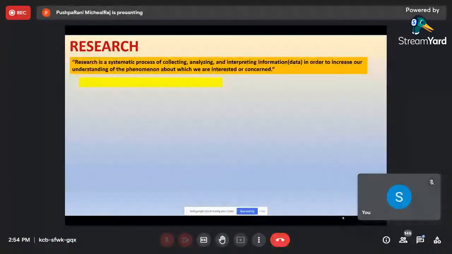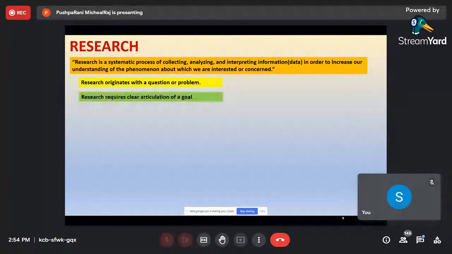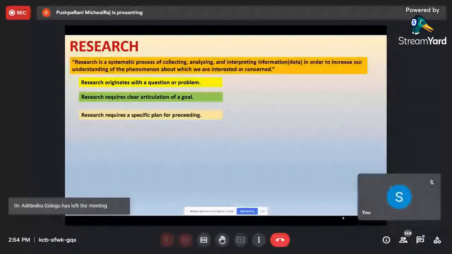And research originates with a particular question or a problem, which we already know now. Research requires a clear articulation of a particular goal and a specific plan for processing, and research usually divides the principal problem into more manageable sub-problems.